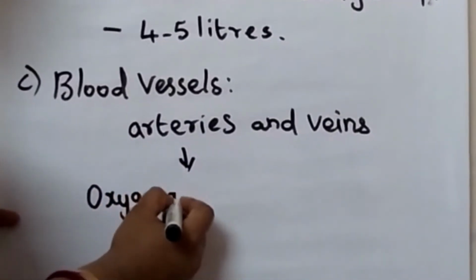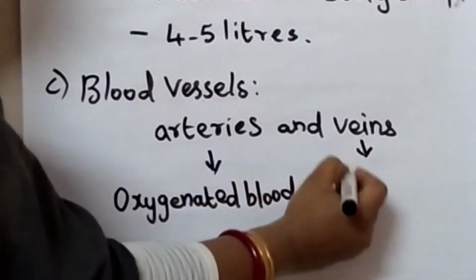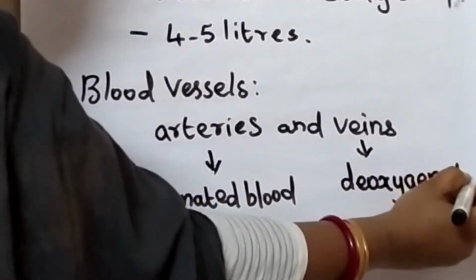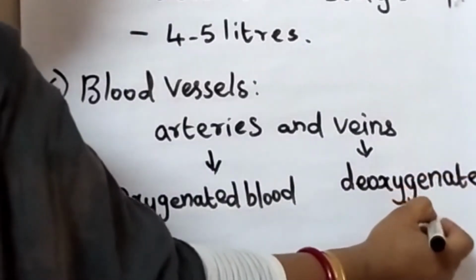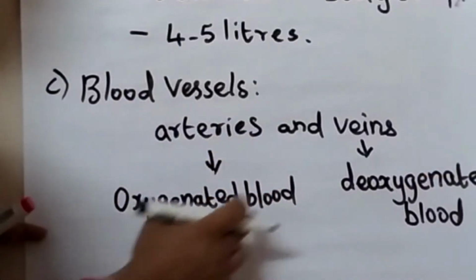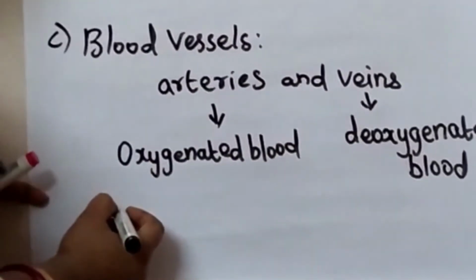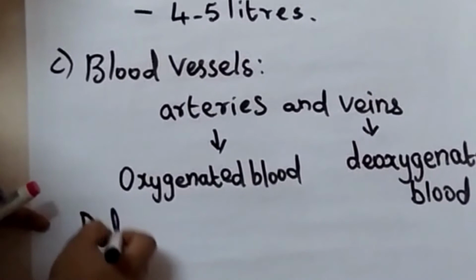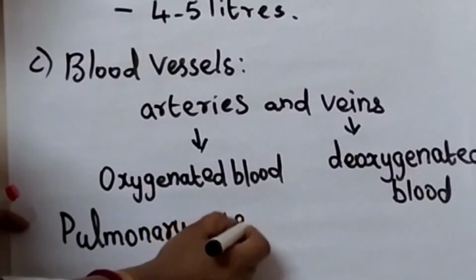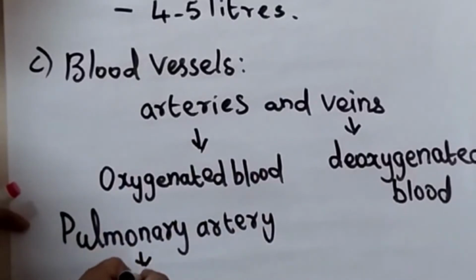Veins carry deoxygenated blood. In general, arteries carry oxygenated blood, veins carry deoxygenated blood, except there is an artery called the pulmonary artery, which carries deoxygenated blood.